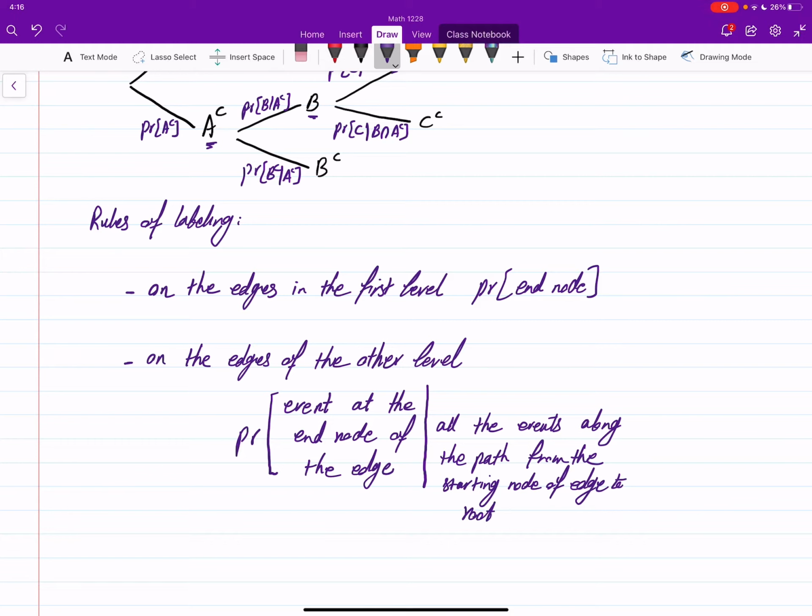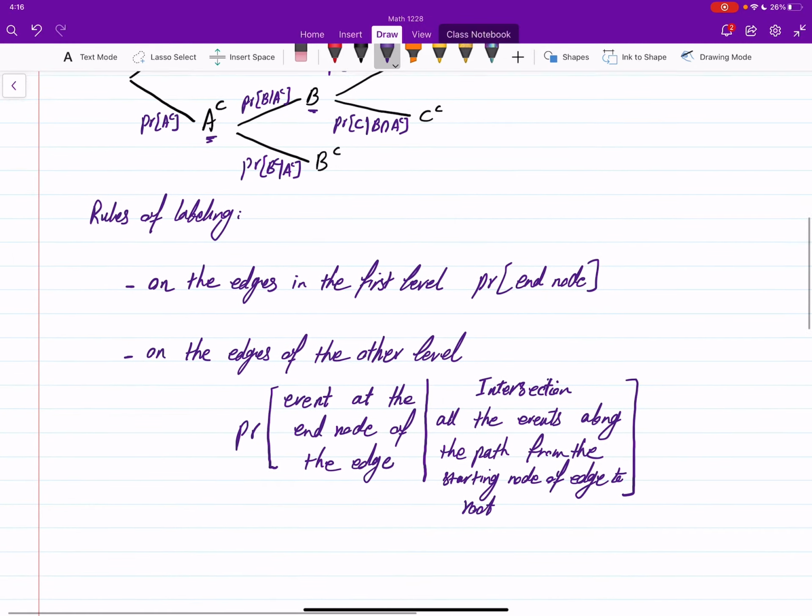So you start from the starting point, go to the root, and you see all the events along the way. You find the intersection of those ones, because all those already we know happened. And that's the conditional probability that you will put on the events.